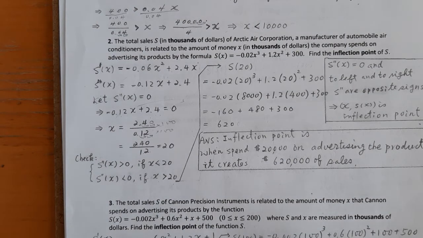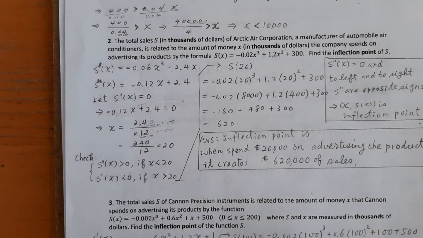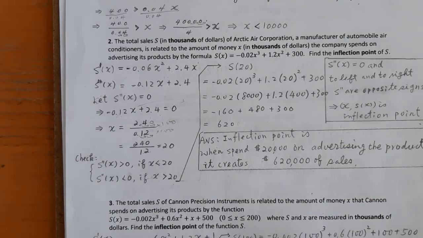Then you check the sign. If to the left of 20 and to the right of 20 have different signs, then that's an inflection point. If the same sign, both positive or both negative, that's not an inflection point.